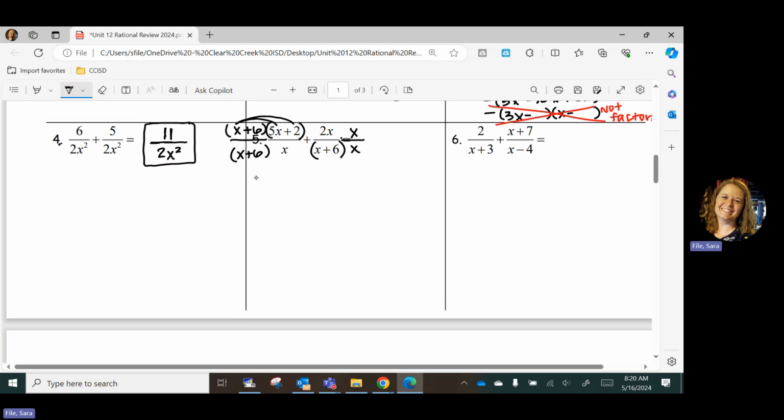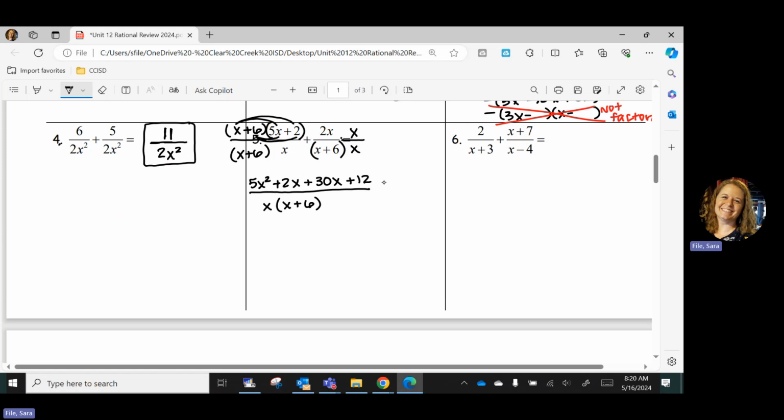So that's going to be 5x squared plus 2x. And then we've got to distribute the 6 to both. So that's 30x plus 12. Okay, and that's all over this new common denominator of x plus 6 times x. And it doesn't matter if you write the x first or the x plus 6 first.